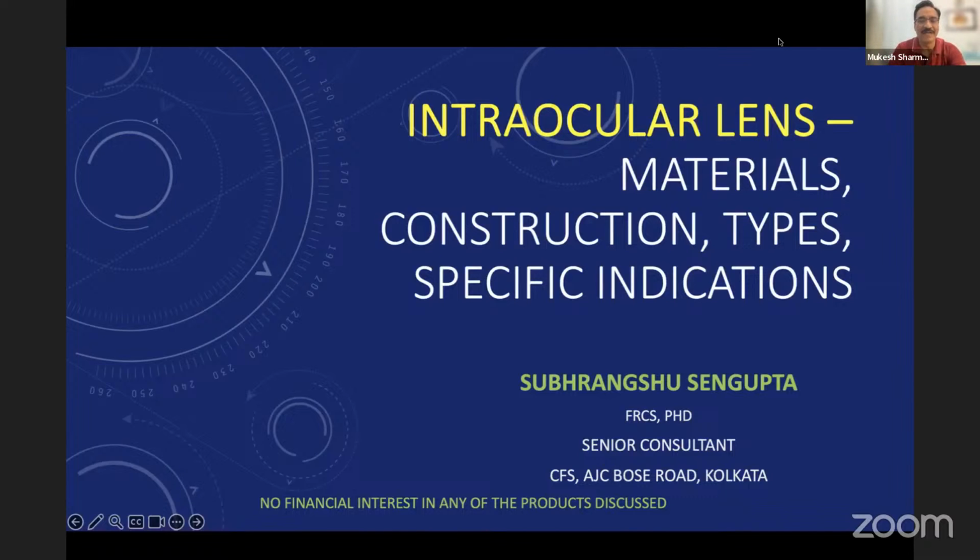But we should have a rational outlook about every IOL, and we should know everything: why there is glistening with some IOLs, why there is some cutting of light with the IOL, and what is the role of various refractive indices with the IOL. I think this will be a very important topic for our postgraduates and also for everyone who is keen about knowing these things. So with this, I welcome Dr. Subhrangshu, and let's hear him on IOL materials and types.